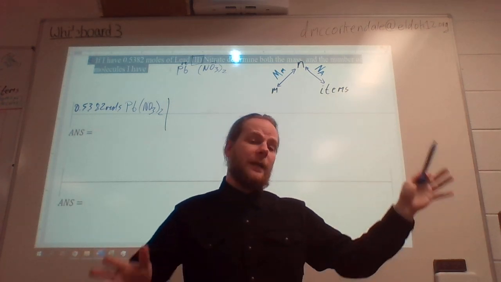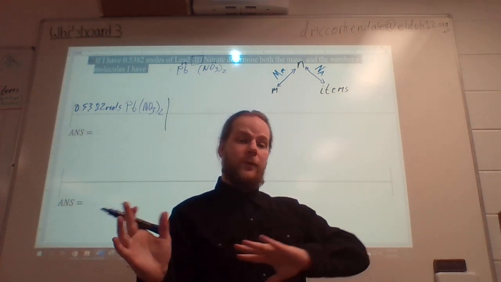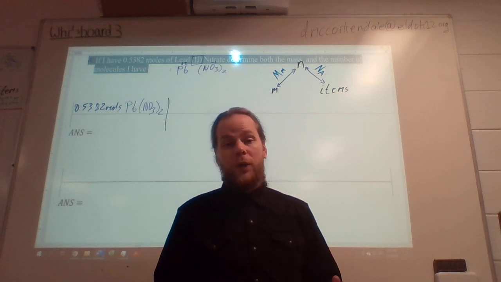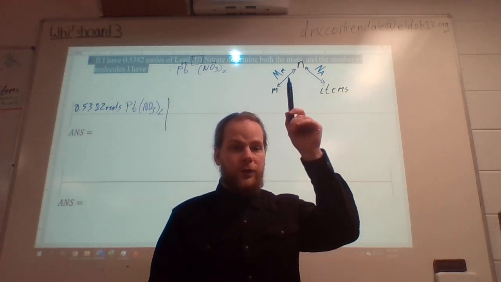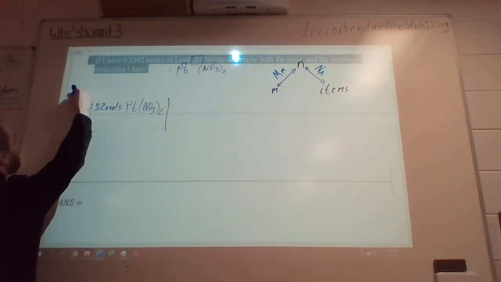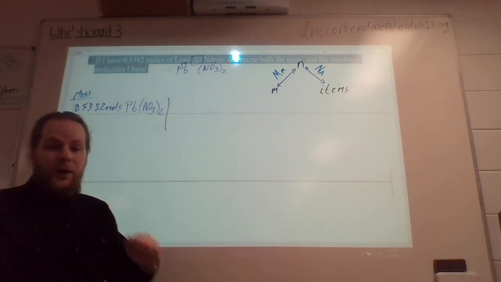So we need to decide which one we want to find first, and then we'll have to find the other one as well. So we're going to start with just the one that's given first in the question, which is the mass. So I'm going to make a note over here, mass, because we are finding the mass first.